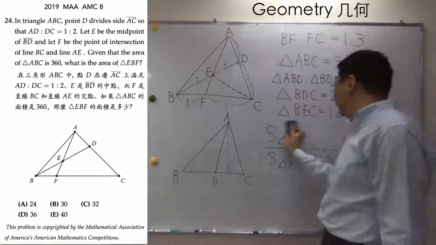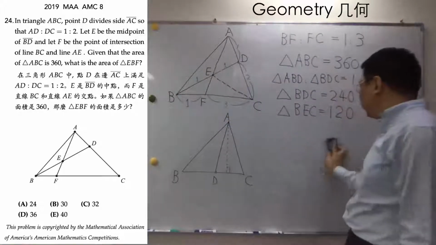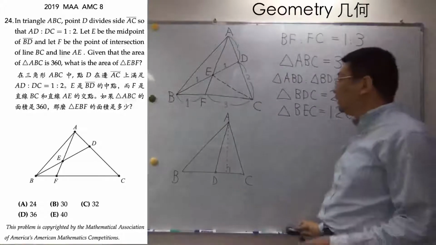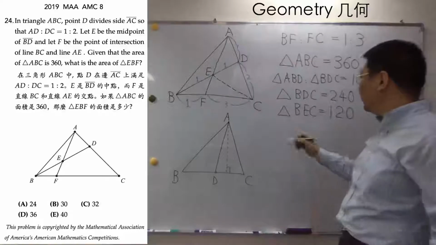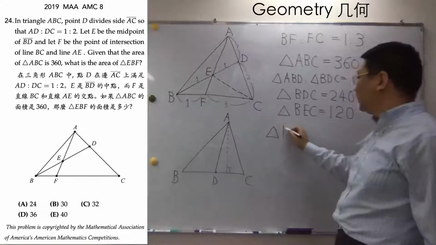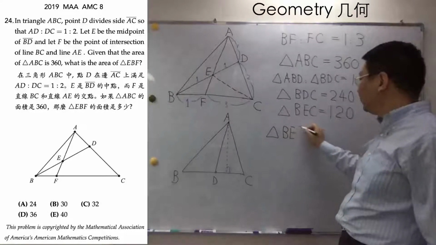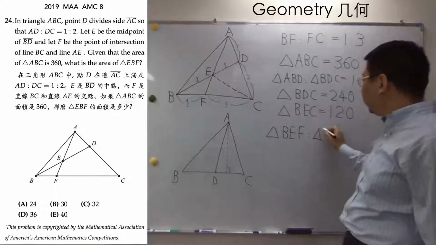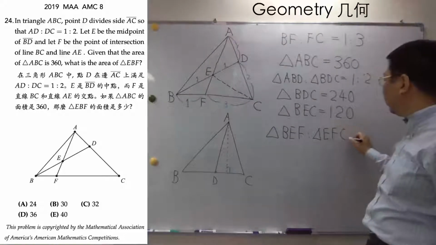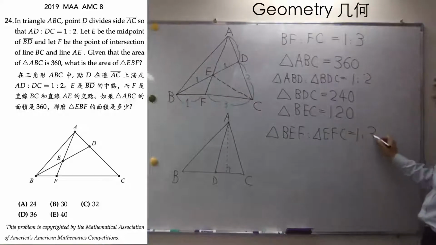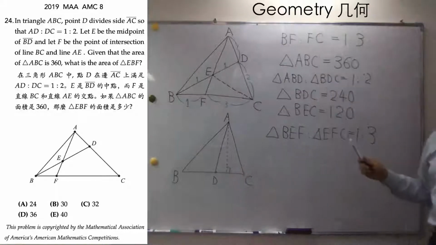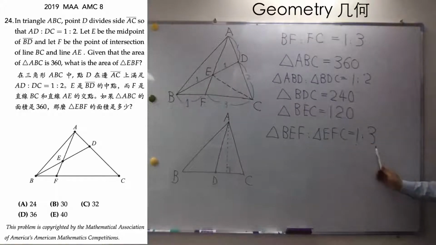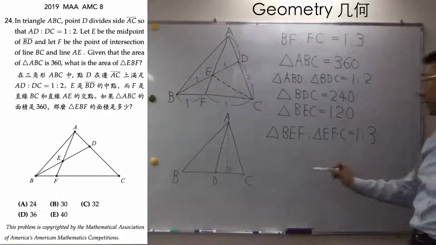So the final step is to calculate the area of triangle BEF. So what is that ratio? The area of BEF to the area of EFC is 1 to 3. So we need to divide this 120 into 4 portions, and one portion would be BEF.